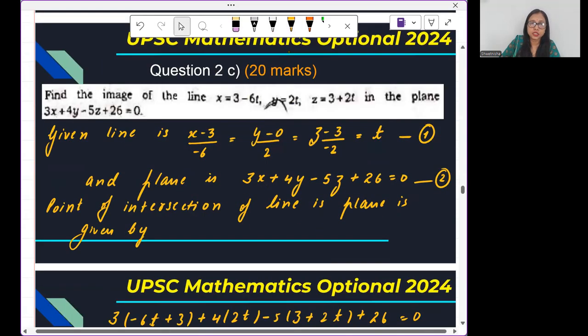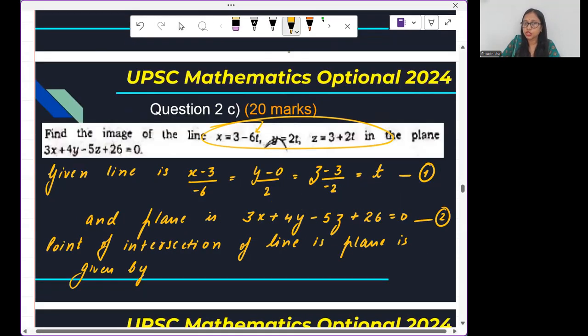Just substitute t as 1 here, so you will get that point of intersection.